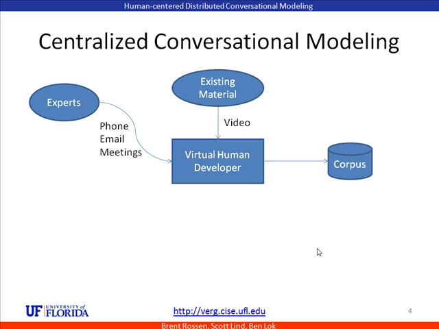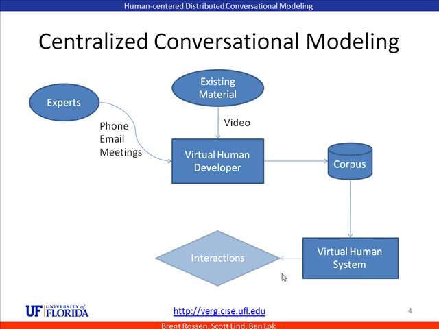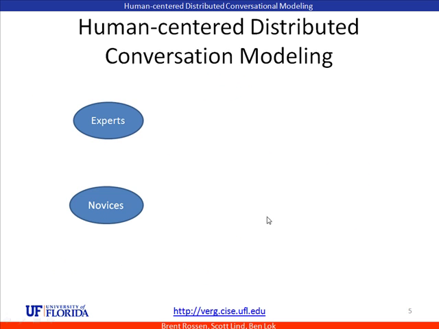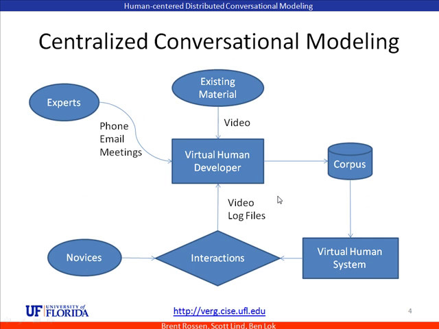So to get that information, we actually need to have the virtual human system interact with novices. Then we take those videos and log files from those novice interactions and get a whole bunch more stimuli. Now, that process can take a couple of hundred hours and over the course of 6 months.